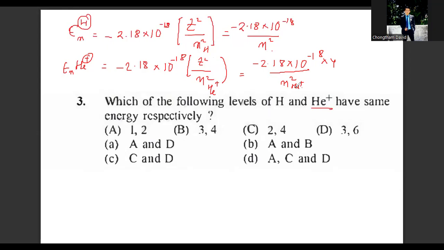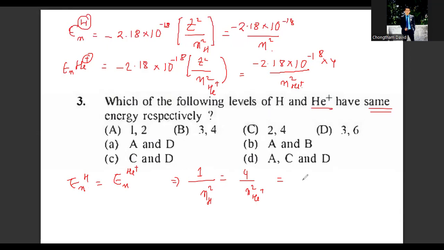You can compare these two because the energy should be the same as per the question. So the energy of hydrogen equals the energy of helium plus. If I relate this, all these constants cancel, and what is left is 1 by n square for hydrogen and 4 by n square for helium.